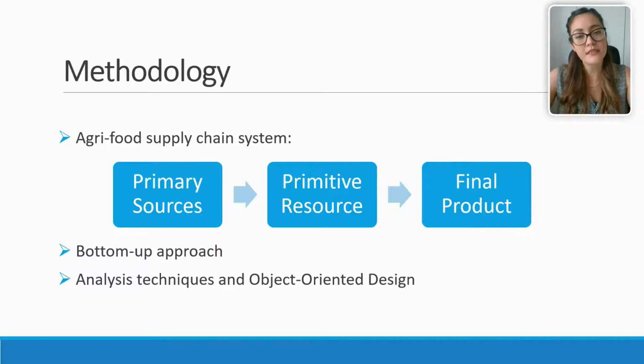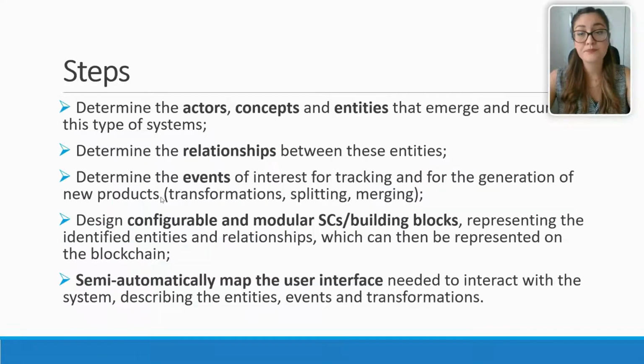Then this product is transformed, possibly several times, until the final product. Events relevant to the process can occur in each of the phases, and since this problem is too complex to be tackled top-down, we decided to adopt a bottom-up approach using analysis technique and object-oriented design.